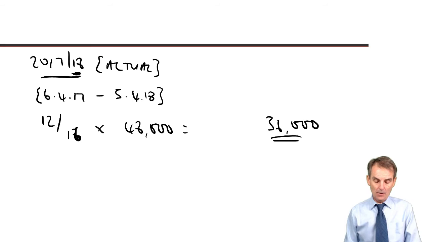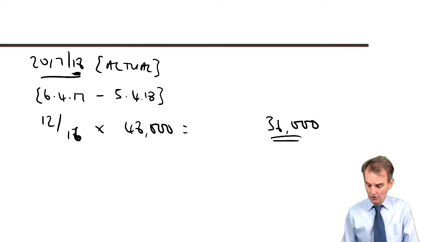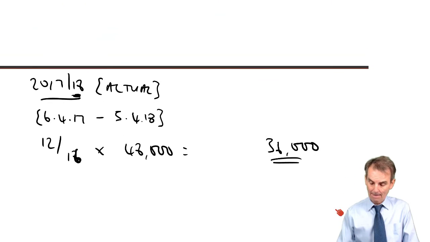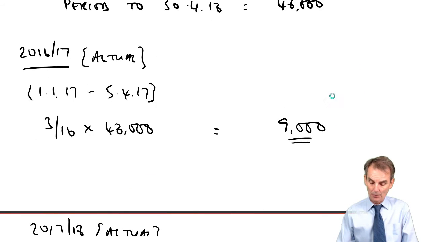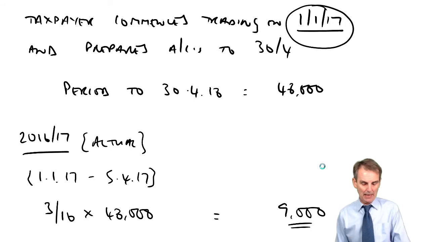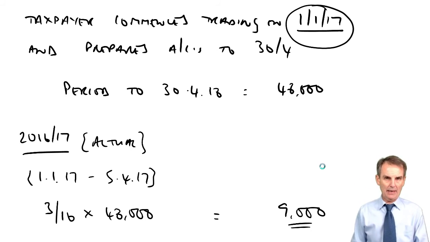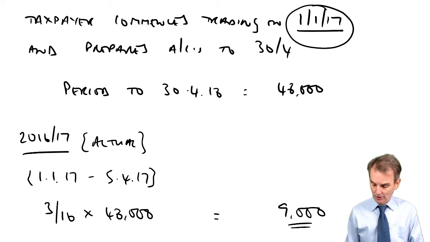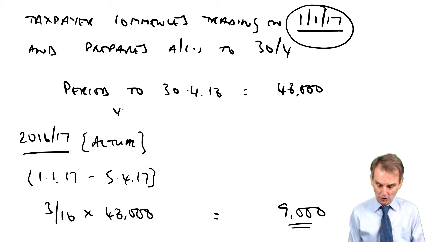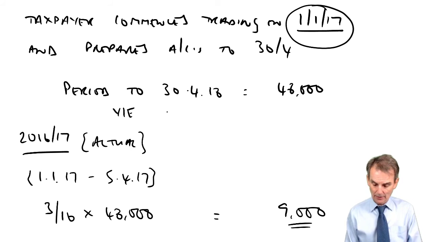We then said, well, could you go further? Remember here, I've only given you the tax-adjusted trading profit for that opening accounting period, the period to the 30th of April 18. What I'll now do is to add in the further information about the next period, which will be the year ended 30th of April 19.